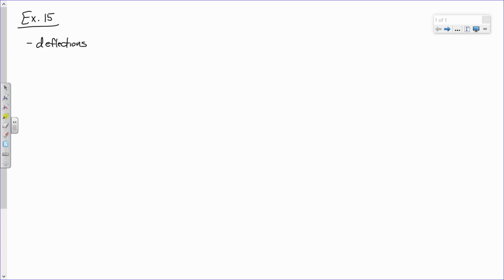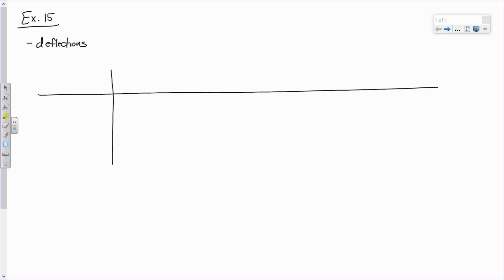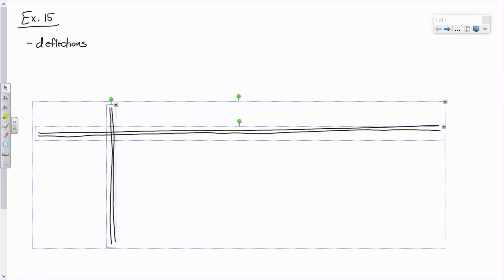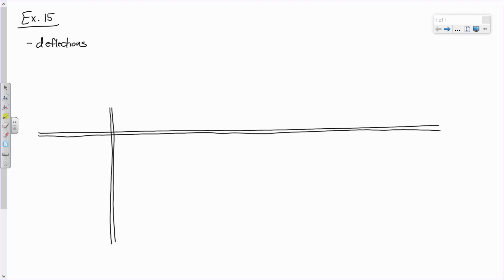Okay, so let me draw a big table here. I'm going to move this down a bit because I want some room up top to put some labels.